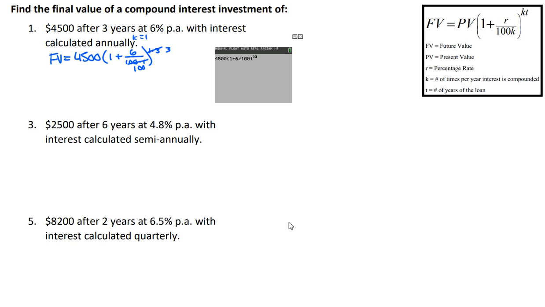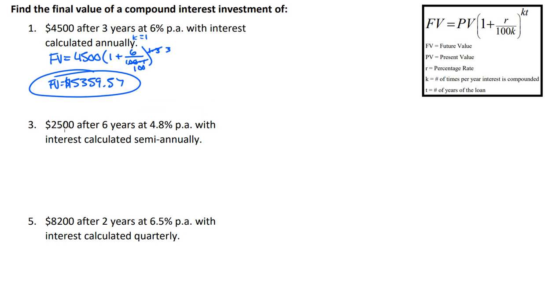Okay. We get that, and we get 5359.57. So 5359.57 is our future value. That's how much it'll be worth.